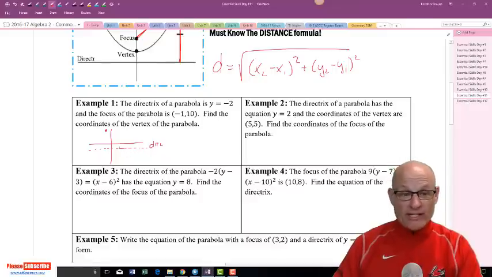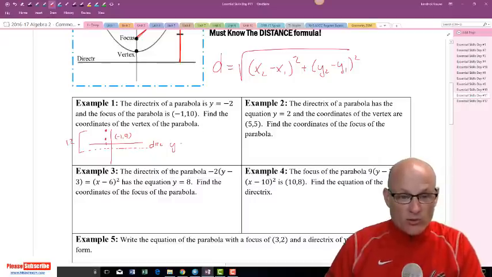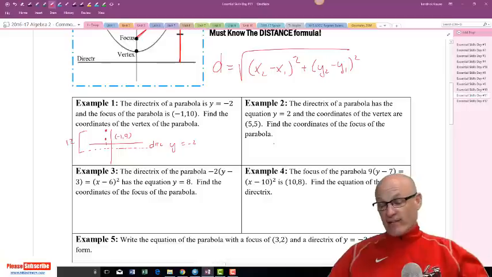Halfway in between is going to be the vertex. The difference between these two is 12. So if I come down 6, (-1, 4) would be halfway in between y equals -2 and that point (-1, 10). That's all there is to that one.